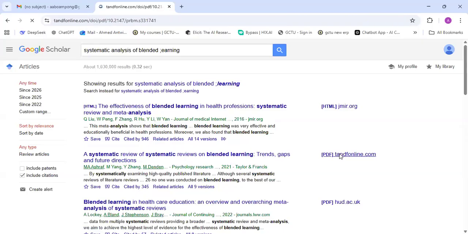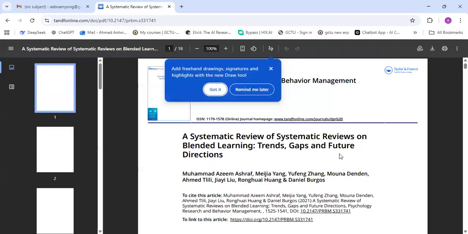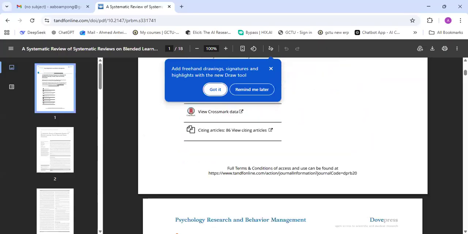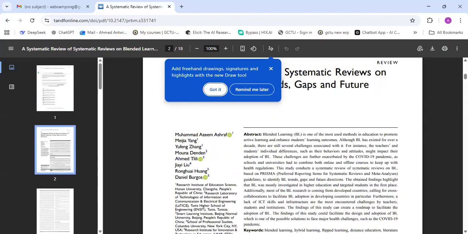And so if you open it, can you see my screen? Yes, sir. All right. So here you see a systematic review, right? If you look at this, you will see that the study conducts a systematic review based on PRISMA.